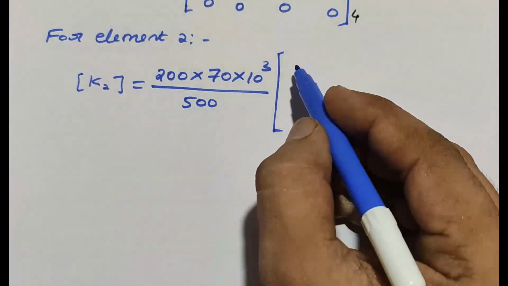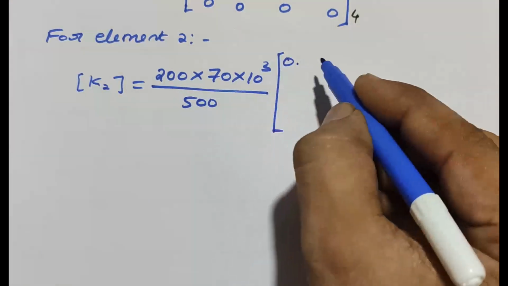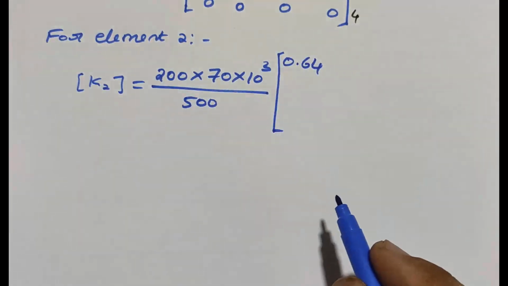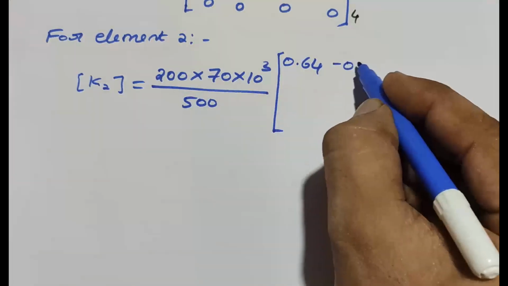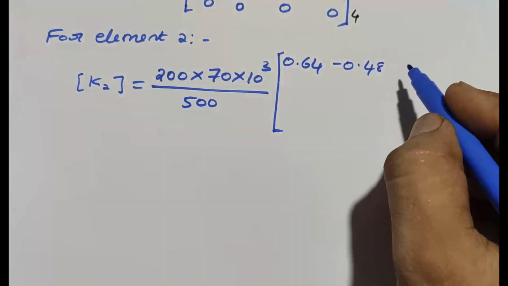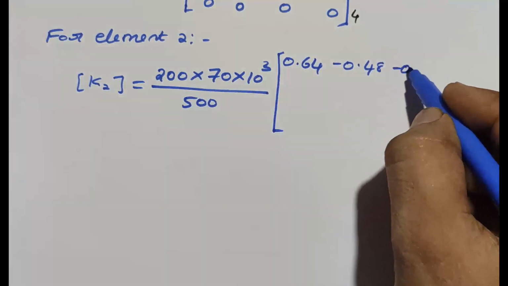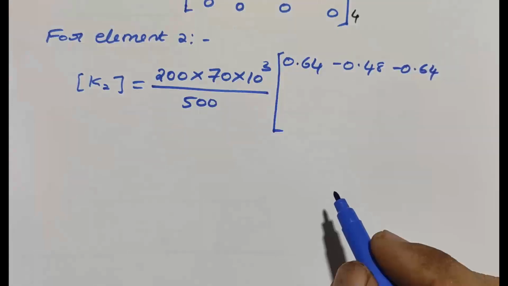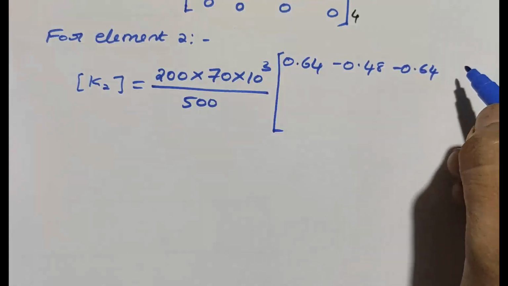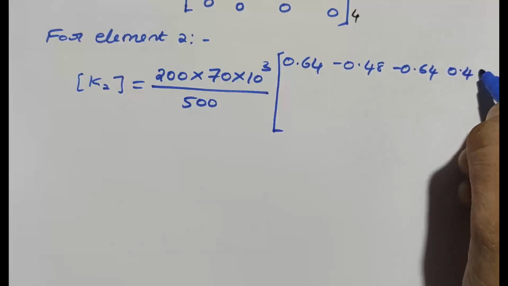L square, it is 0.64. Lm, 0.48, minus L square, minus 0.64, minus Lm, it is minus 0.48.